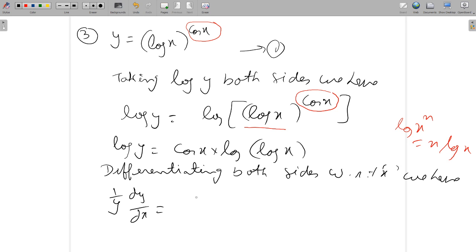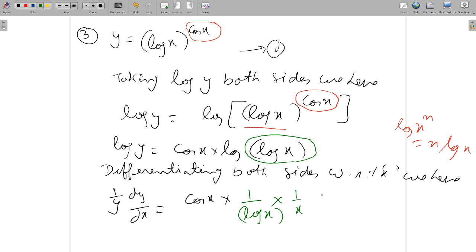So cos x into the differentiation of log of log x. For the time being, consider the inner log x as x. Differentiation of log x is 1 by x, so 1 by log x into the differentiation of log x, that is 1 by x. Keep them in brackets, otherwise it may get confused.